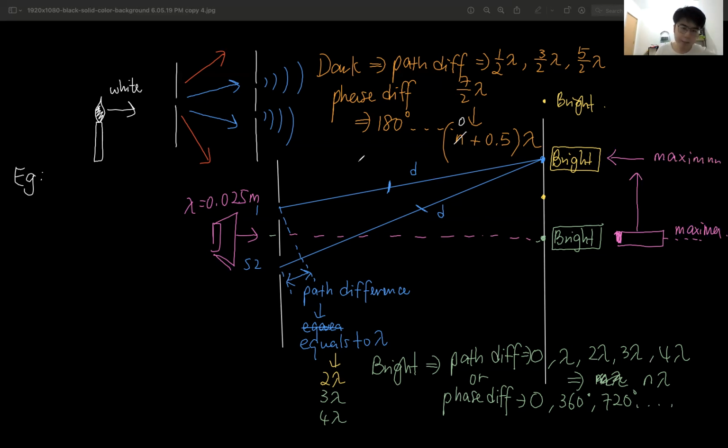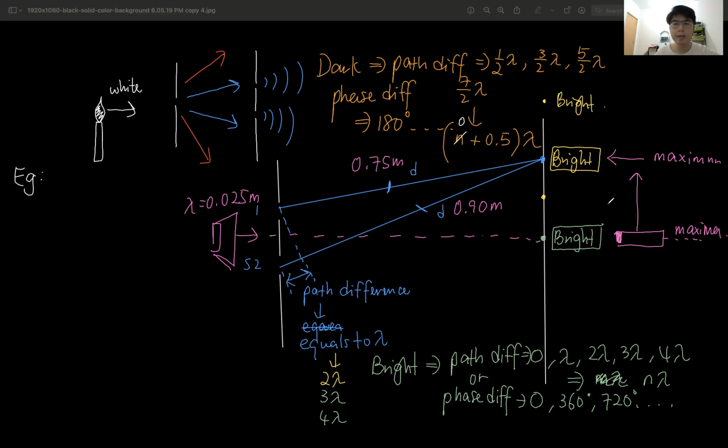Suppose that this distance here is 0.75 meter and this distance here is 0.90 meter. And the question asks you, as the detector sweeps through this distance, how many spikes in the signal, or how many maxima is detected by the detector?